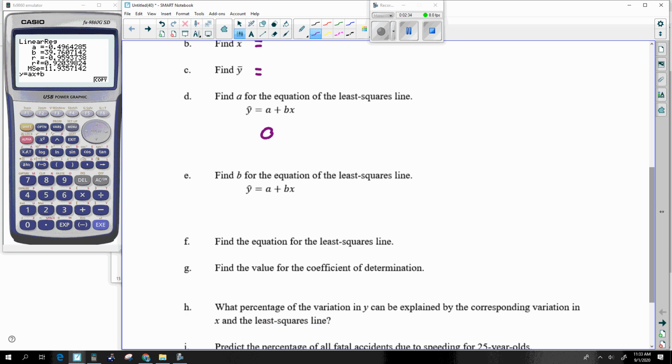Letter D is asking for what is A. Letter E is asking for what is B. So again, A, I have to make the adjustment. You don't. Should be 39.7607. And the B should be negative 0.4964.